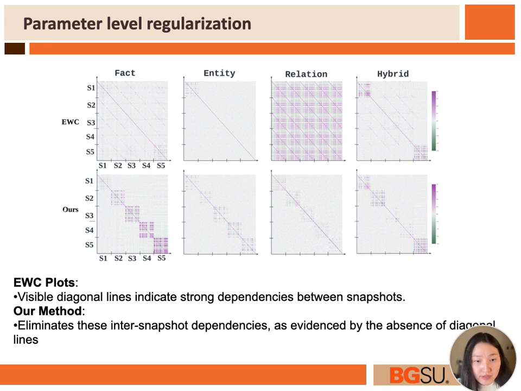In these comparisons, EWC represents the model that utilizes the FIM without rotation, while our approach incorporates the FIM with parameter rotation. In the EWC plots, visible diagonal lines indicate strong dependencies between snapshots, indicating interference across the different time steps.